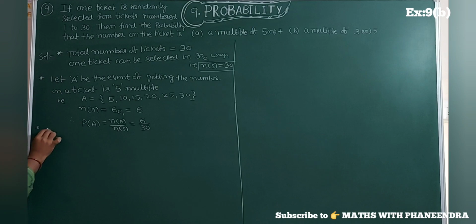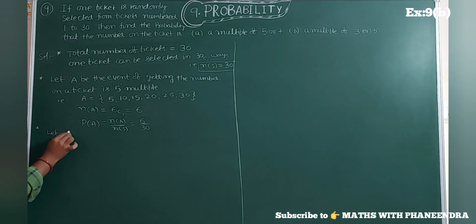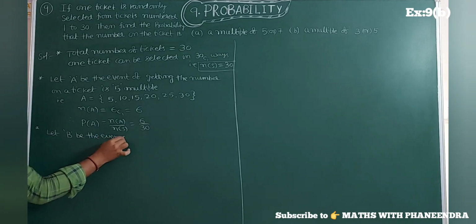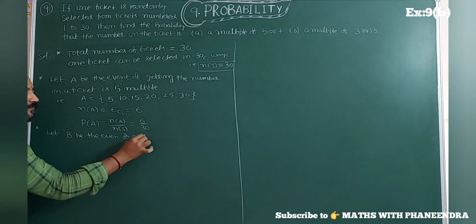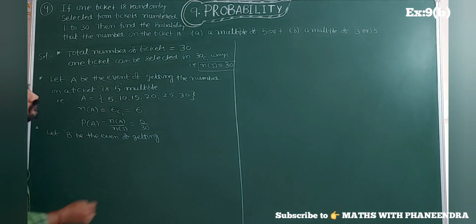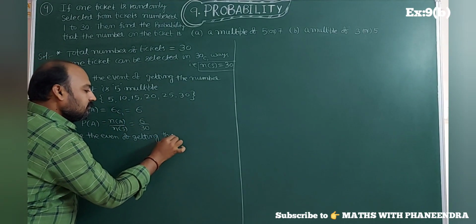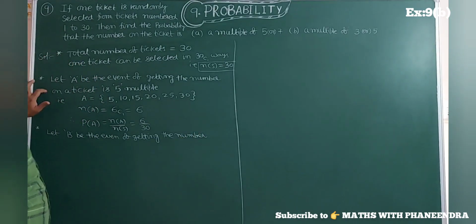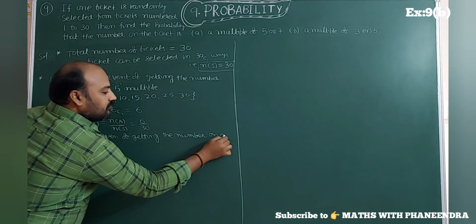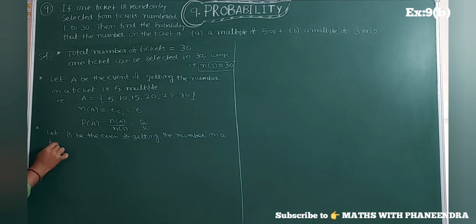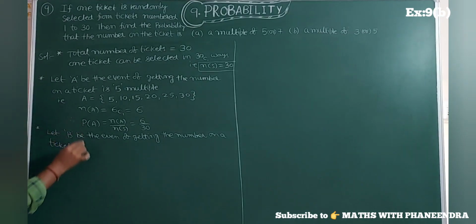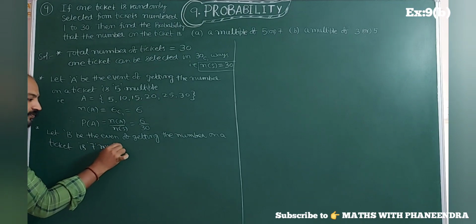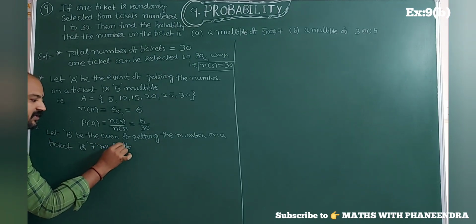Next, let B be the event of getting the number on a ticket is a multiple of 7.